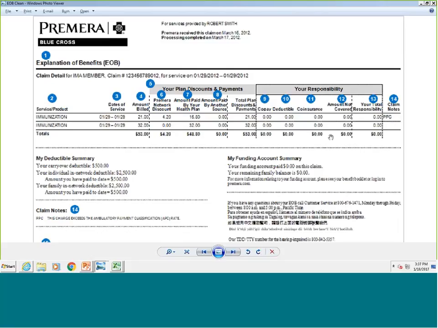And number 12 says the amount not covered. So this is all important information. I don't know how much HCBS members will really fall into this area, except for number 13, your responsibility, because members can never be charged by an organization unless the MCO indicates member responsibility.